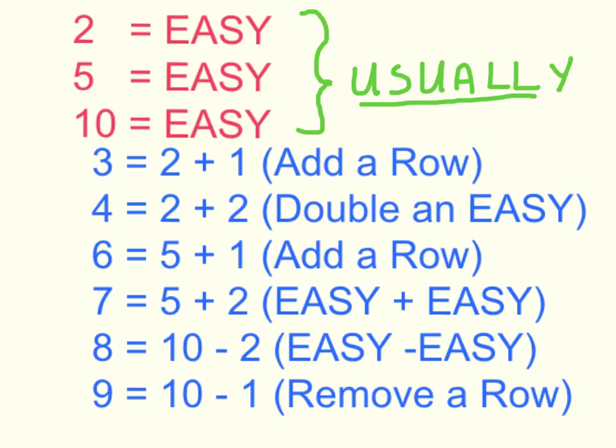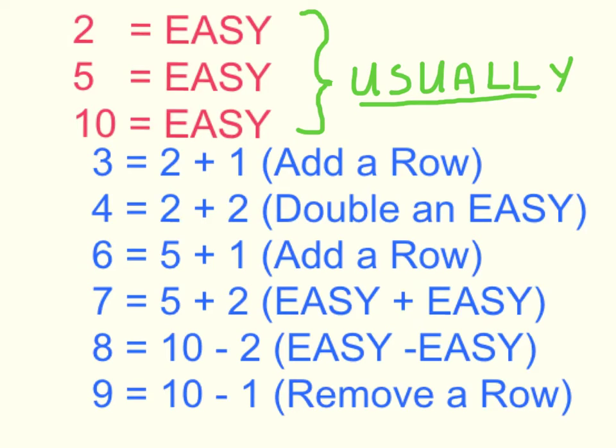How can we use our knowledge of the 2s to help us learn the 3s? Well, we simply add a row. Knowing our 2s and doubling it allows us to learn the 4s. Adding a row to the 5 times tables that we know enables the students to master the 6s. Students can use their knowledge of the 2s and the 5s to develop their mastery of the 7s.